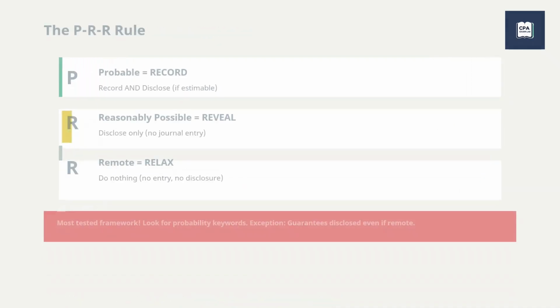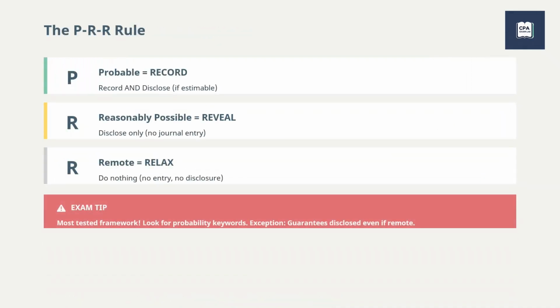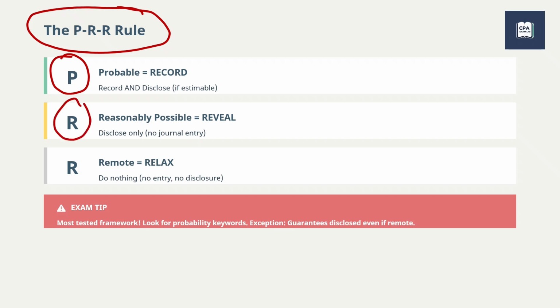Think about the most important framework in this entire topic, the PRR rule. This is the most tested concept for contingencies, so listen carefully. P stands for probable. If a loss is probable, you record it, make a journal entry, and disclose it in the footnotes. The first R stands for reasonably possible.